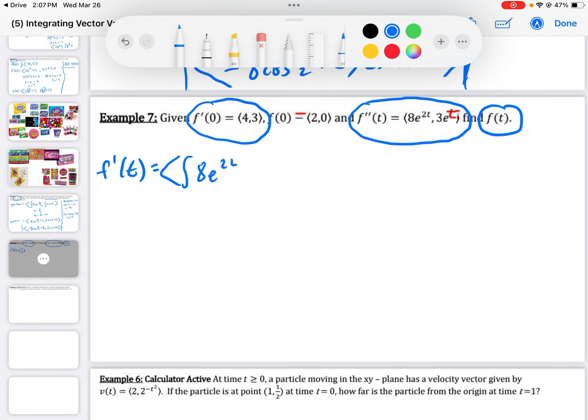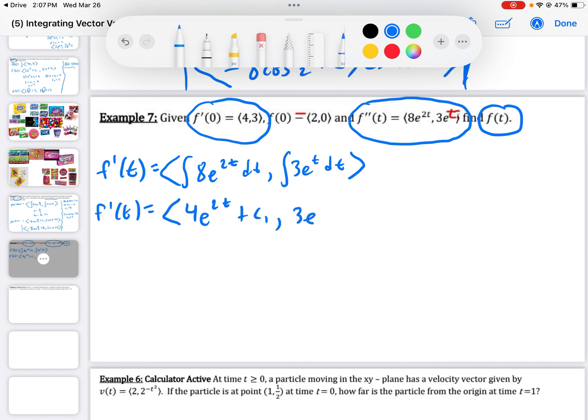So I'm taking the antiderivative of the second derivative, using the initial condition.